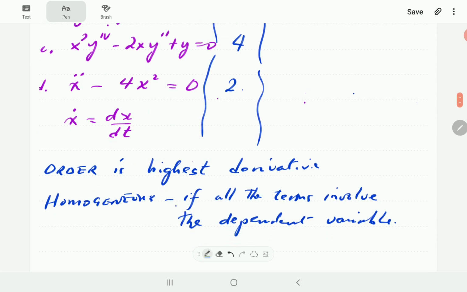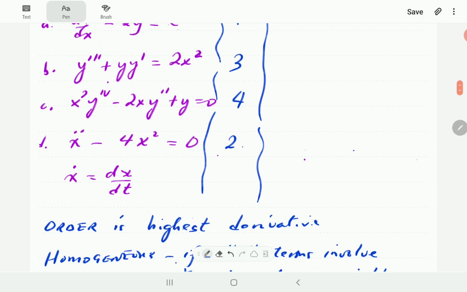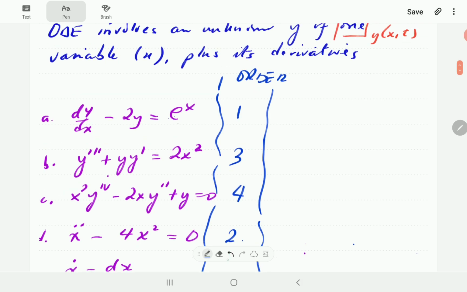And then an ODE is homogeneous if all the terms involve the dependent variable. So in A, the dependent variable is y. That's the derivative of y there. That's y there. There's no y there. So that means A is non-homogeneous. Okay. Then for B, we have got y here, y there.